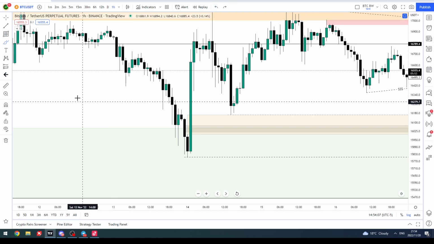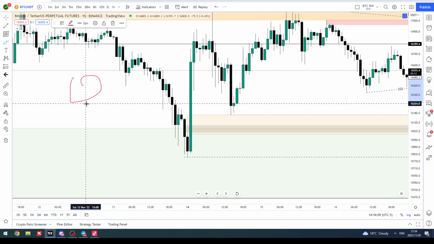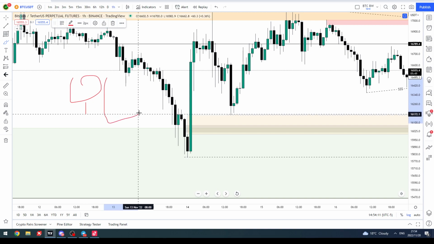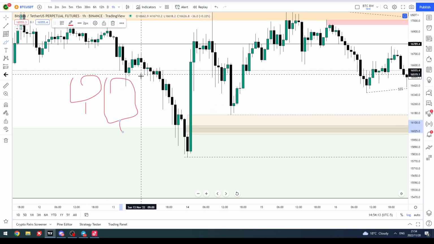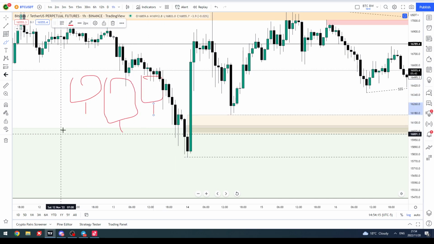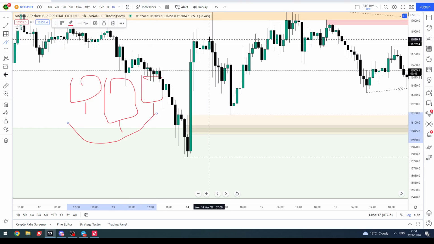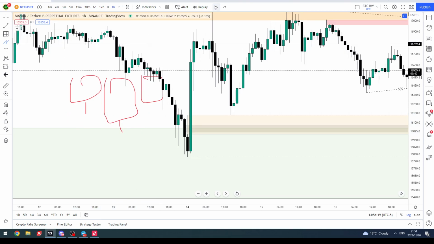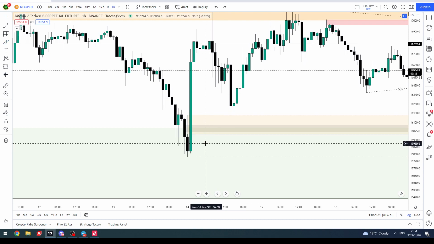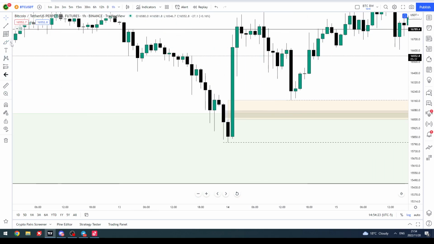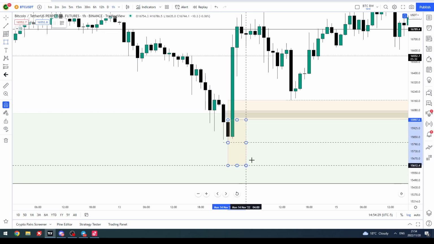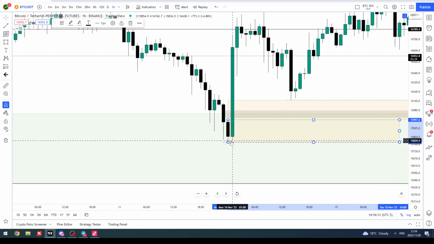You agree on that? It would be like that, and then you have a longer candle in the middle, and then you have a shorter candle on the right side of it, and that would be an ICT swing low, classic swing low, which would make this very last one the order block. So whether you're using the balanced price range or you're using the actual order block, this would be your order block in here.